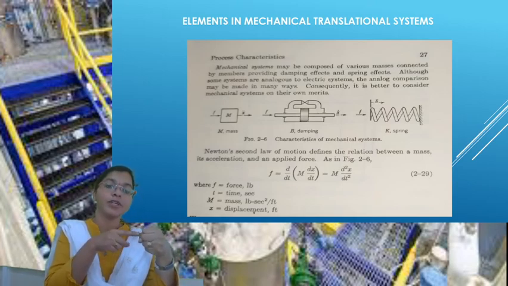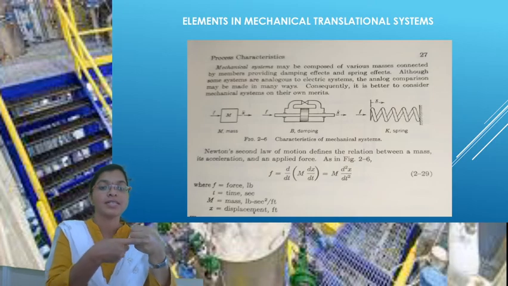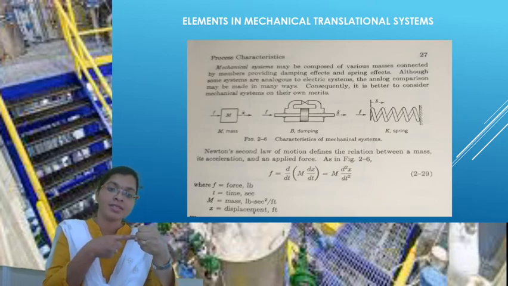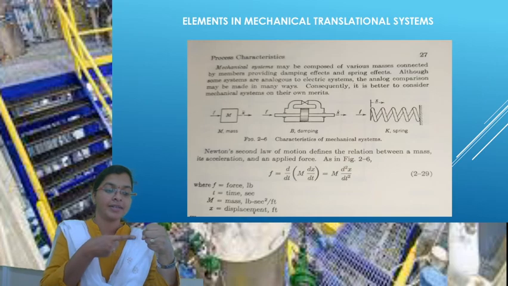What is the output you are going to get? That is the movement from one place to another, nothing but displacement. So F acts as the input here, and that displacement is called the output.